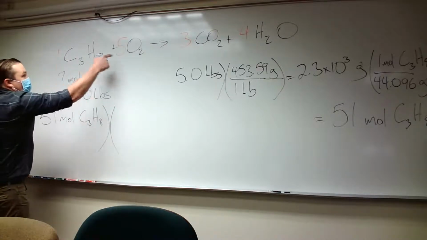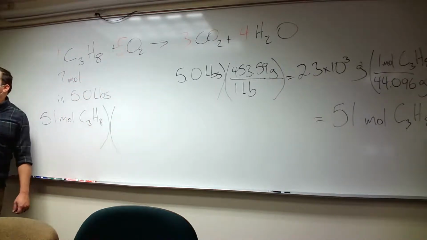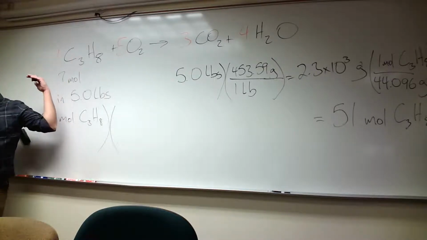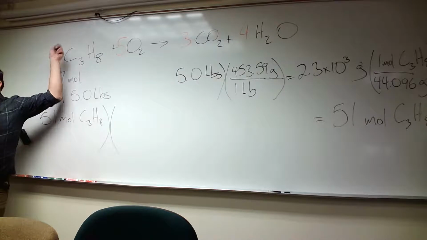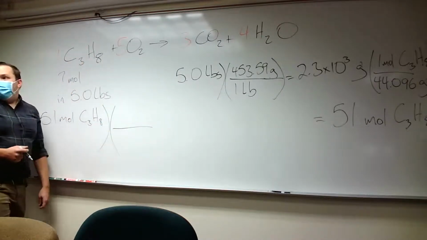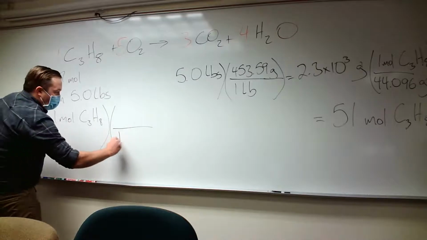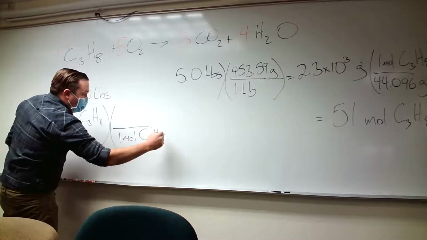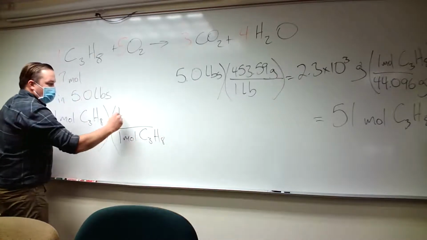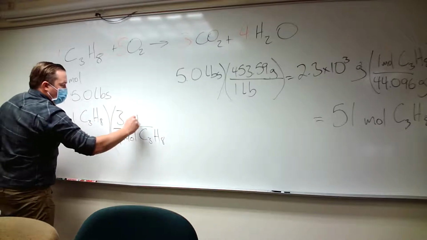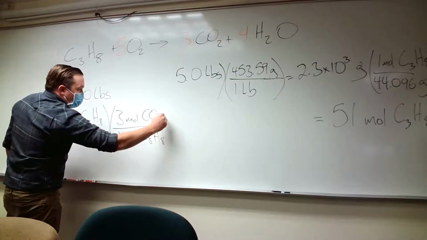and these coefficients become a conversion. Because this is a balanced reaction, anytime 1 mole of this burns, it makes 3 moles of CO2. We can say that those two numbers are equal to each other: 1 mole of C3H8 burned is 3 moles of CO2 made.